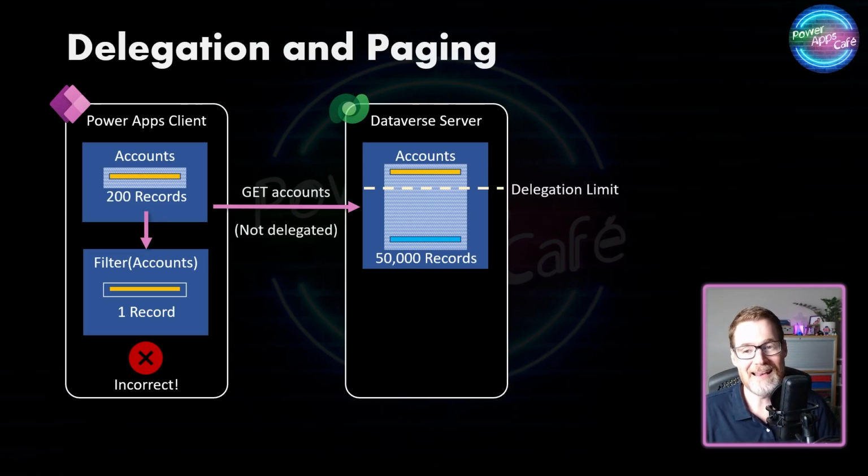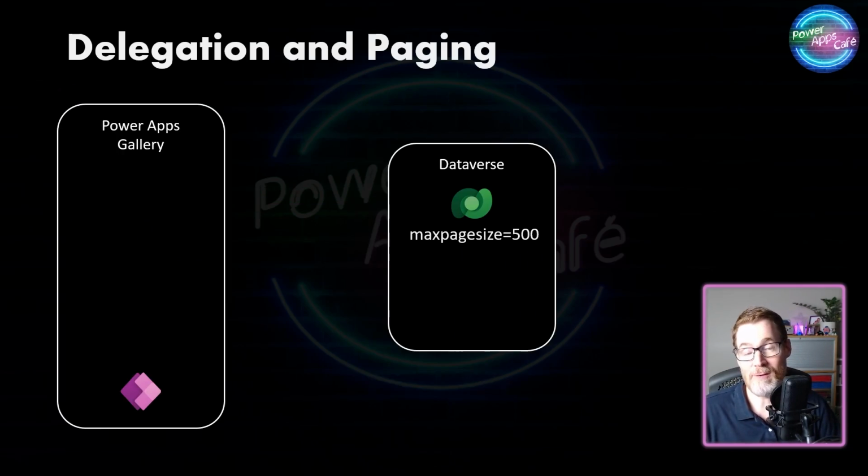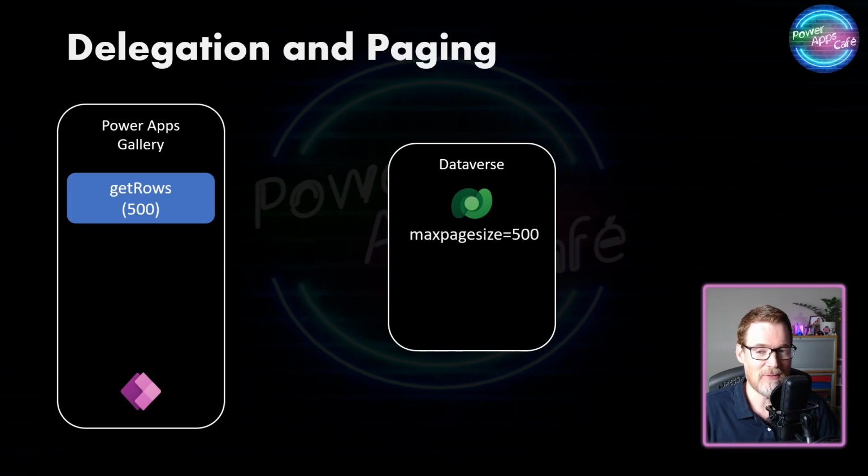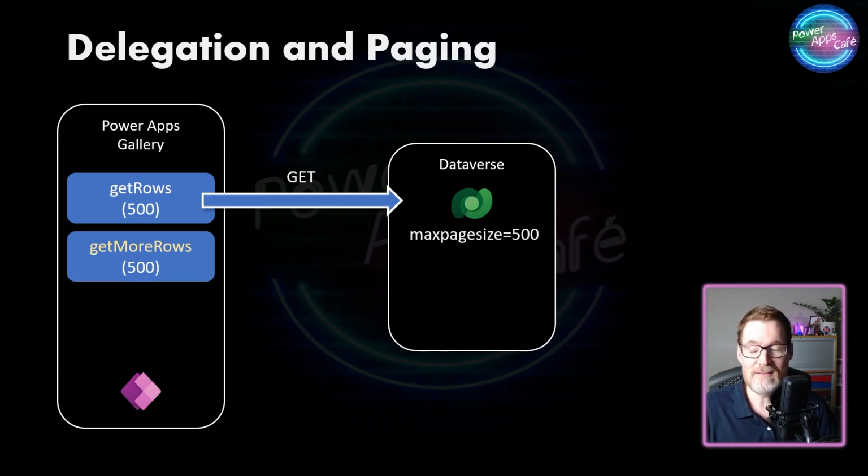If you've got delegation happening in a Power Apps gallery, it is automatically handled for you if you've got a very straightforward filter against Dataverse. What happens is that you firstly get up to that delegation limit and get that first set of records. Then the gallery will automatically make a call behind the scenes to get more rows.